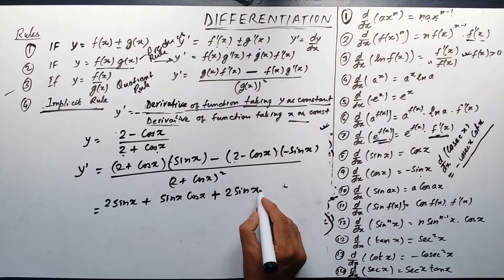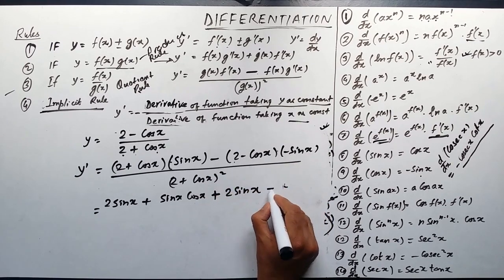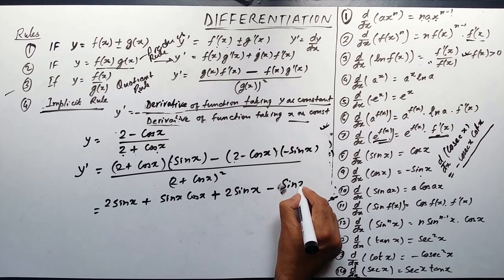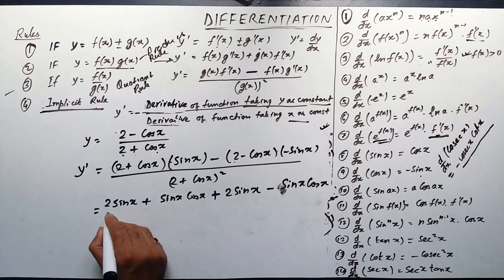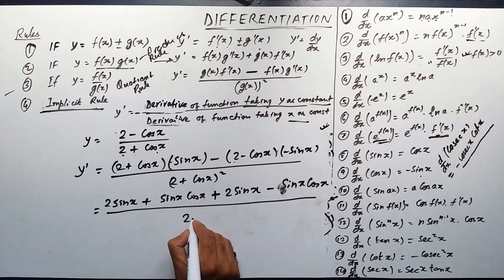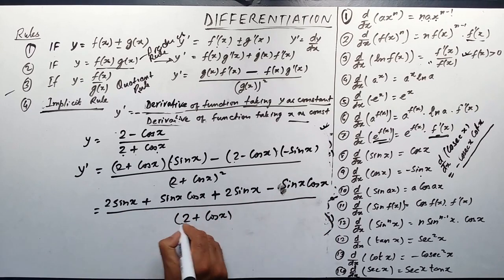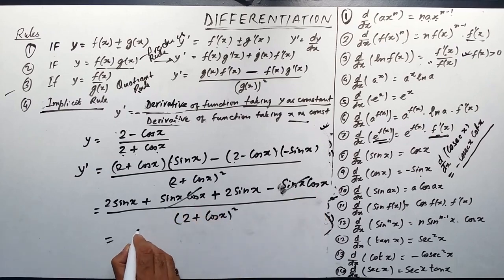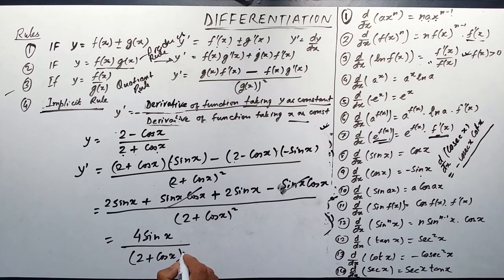So sine x into 2 sine x, minus 2 minus sine x cosine x, minus sine x cosine x upon 2 plus cosine of x whole square. So this and this cancel off. So we are left with 4 sine of x upon 2 plus cosine of x whole square. Okay.